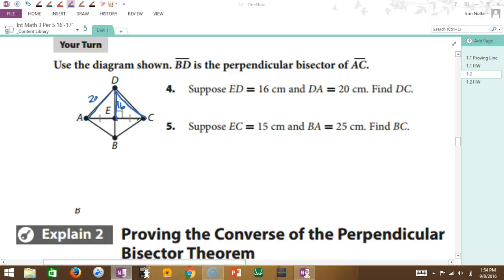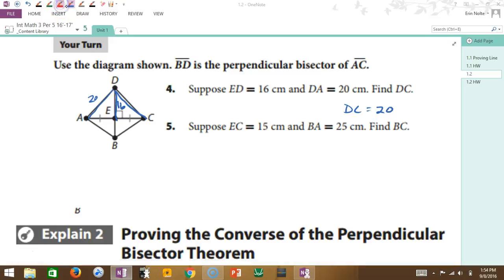What would that length be over there? 20. Everybody agree with 20? And why is it 20? It's just the same as DA, and that's true through the reflective property. So DC would equal 20.